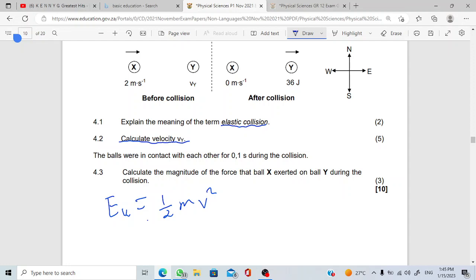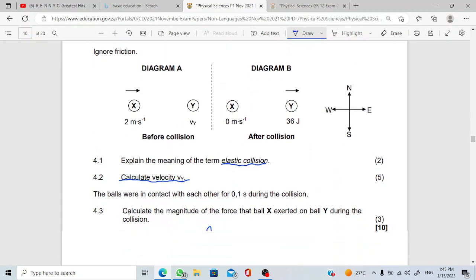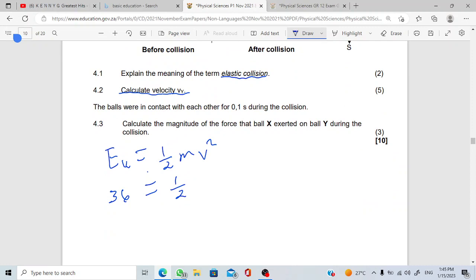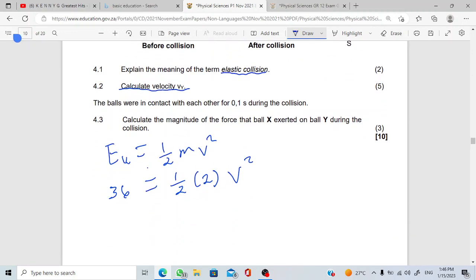All we want is the kinetic energy of this object. It is given as 36, which is equal to 1/2 times the mass of ball Y, which is 2 kg, times v squared.